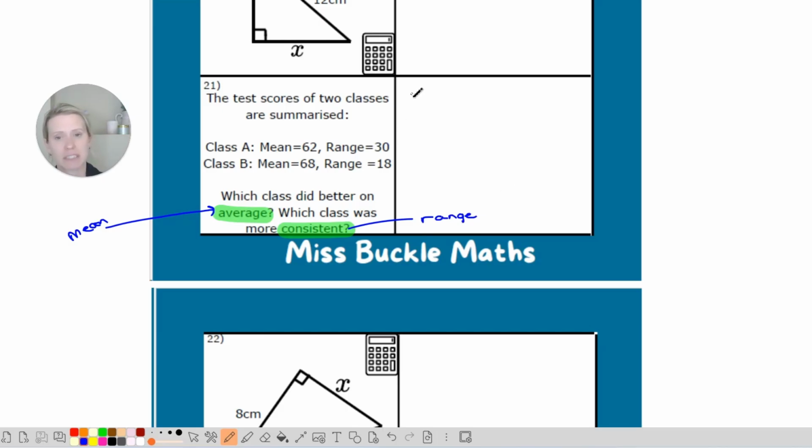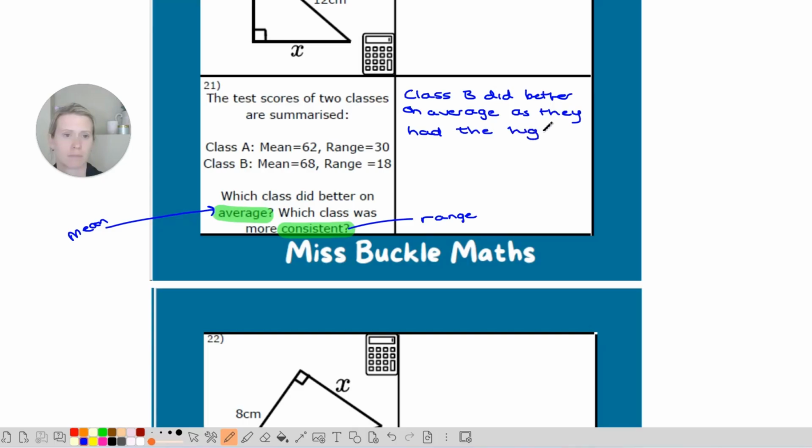So which class did better on average? It's the one with the highest mean score. So class B did better on average, as they had the highest mean score. Which class was more consistent?